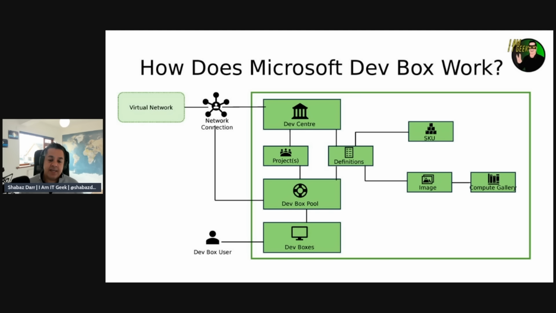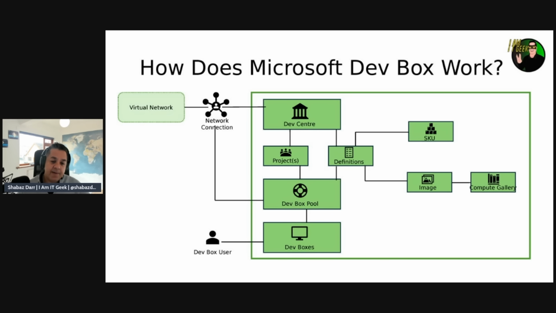Okay, so how does Microsoft DevBox actually work? This is a diagrammatic representation of the connectivity and how it works. We've got the virtual network, where it's all hosted, and that network connection connects both to the Dev Center and to the DevBox pool. Under the Dev Center, we have the projects and definitions.